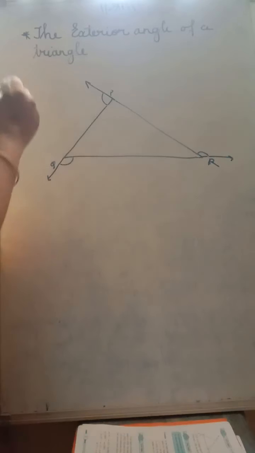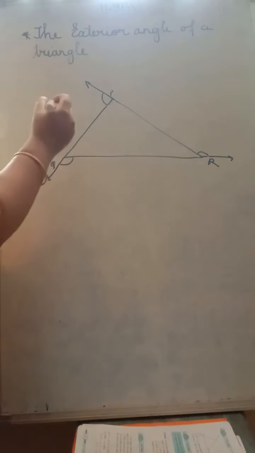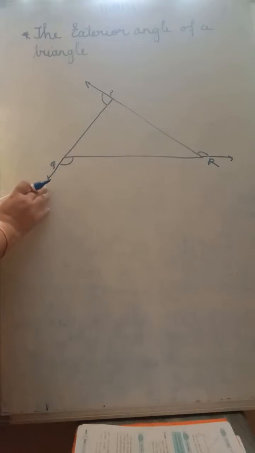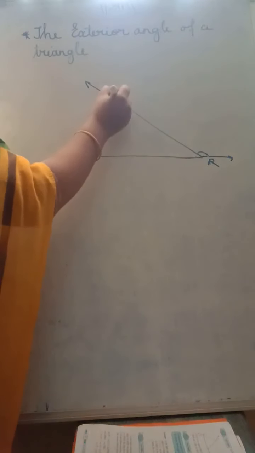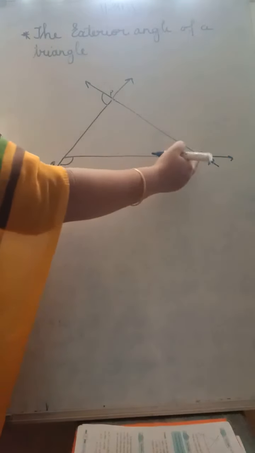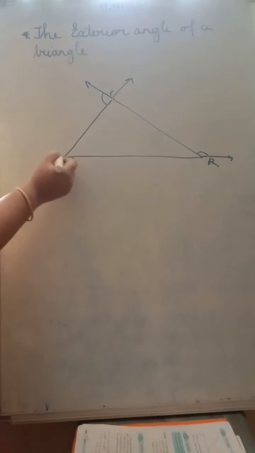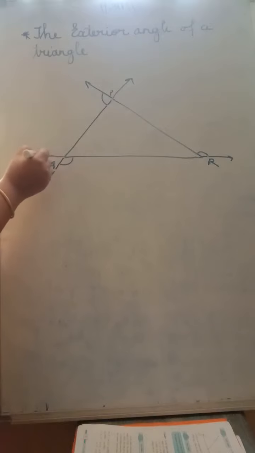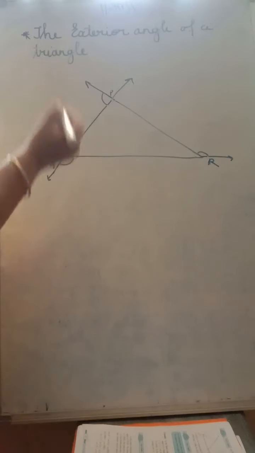Once again, PQ we extended downwards; in the same way we will extend it to the upper side. QR we extended towards the right-hand side; in the same way we will extend it towards the left-hand side.